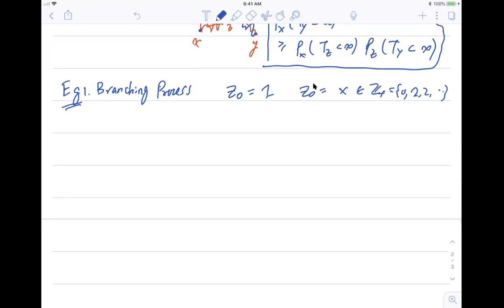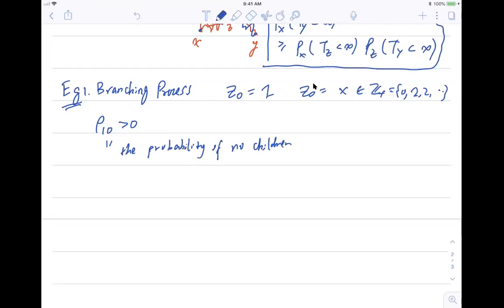Let's assume rho 1,0 is positive. If rho 1,0 is positive, that means starting from 1, this is the probability of no children.